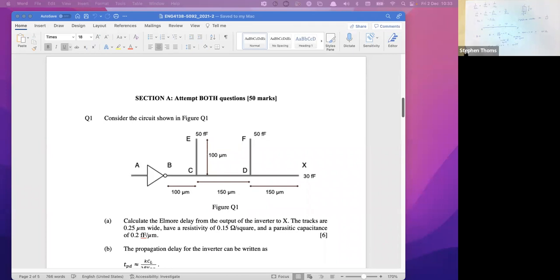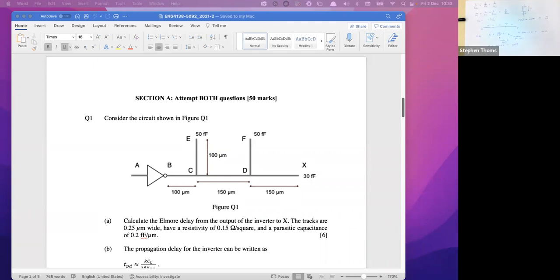Now, I'm aware that's a slightly different calculation to some of the other examples. Sometimes you're given the area capacitance as well, which is the net capacitance between two different layers. Then you have to work out the area and multiply it by the area capacitance. In this situation, you weren't given that.